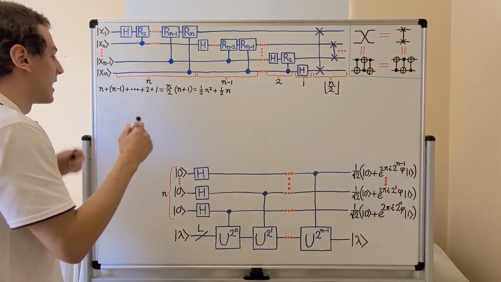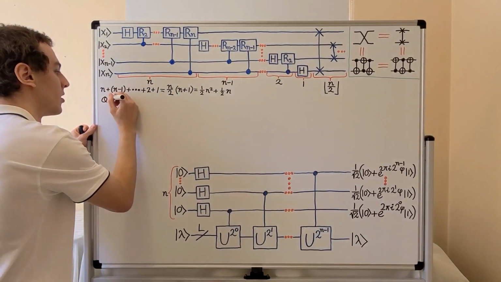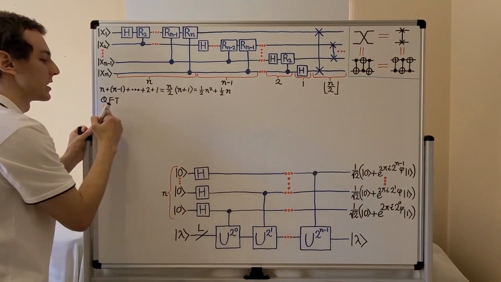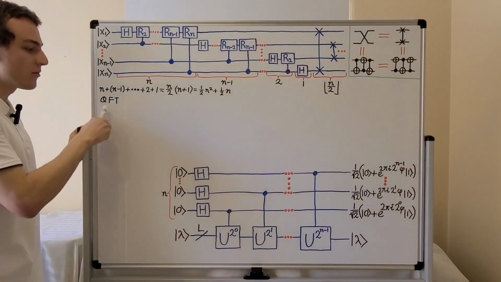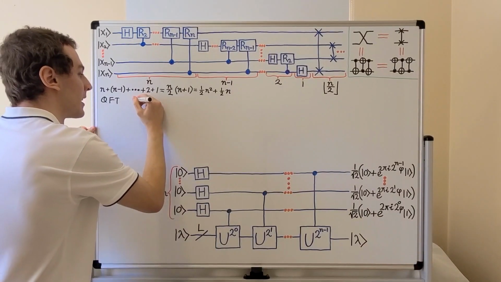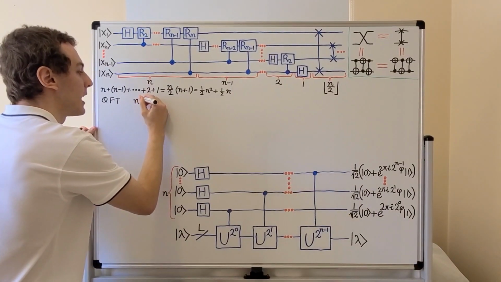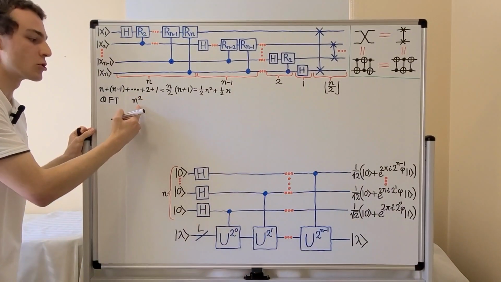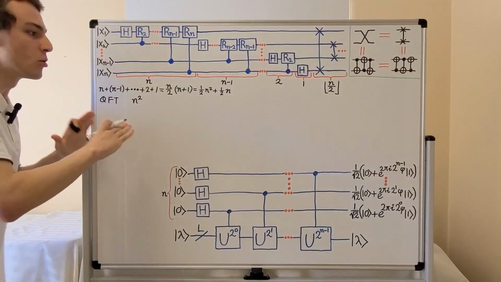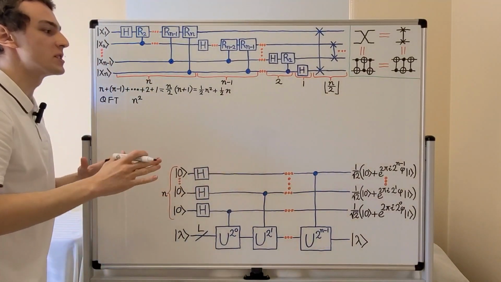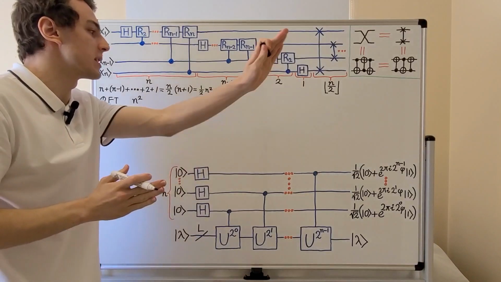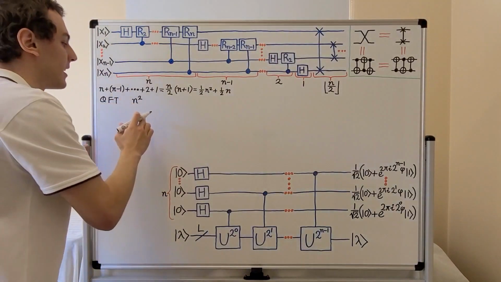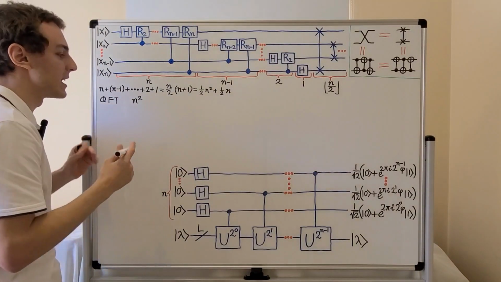Well, we can conclude that the quantum Fourier transform, or the QFT, is going to grow in the asymptotic case as little n squared. It's a quadratic dependence. So we ignore all of the linear contributions because they are not significant in the asymptotic limit.